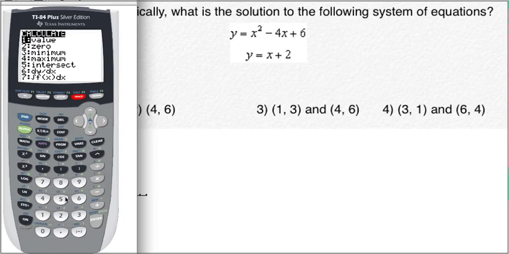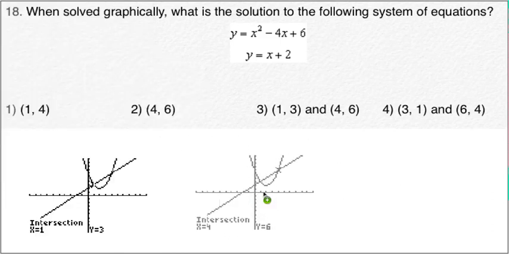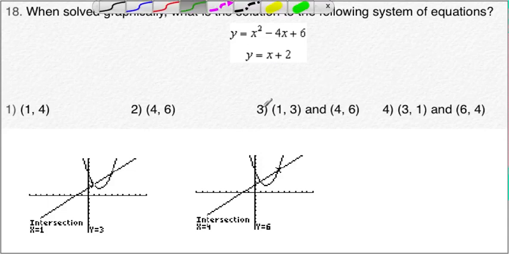And the intersection, number 5. First curve, second curve, and just right before you guess, you just have to move close to the actual point of intersection. And then the second answer will be 4, 6. So yes, our answer will be choice 3.